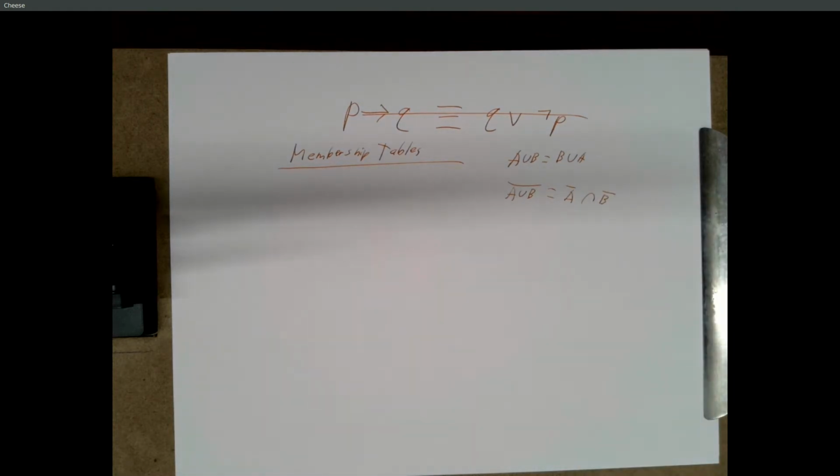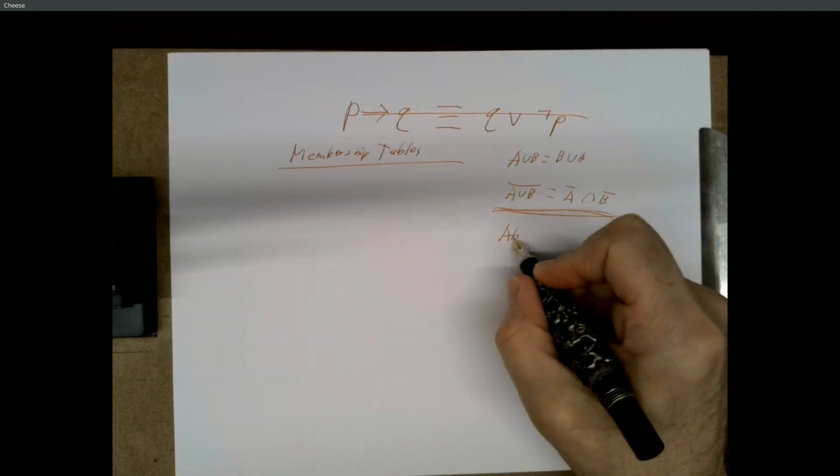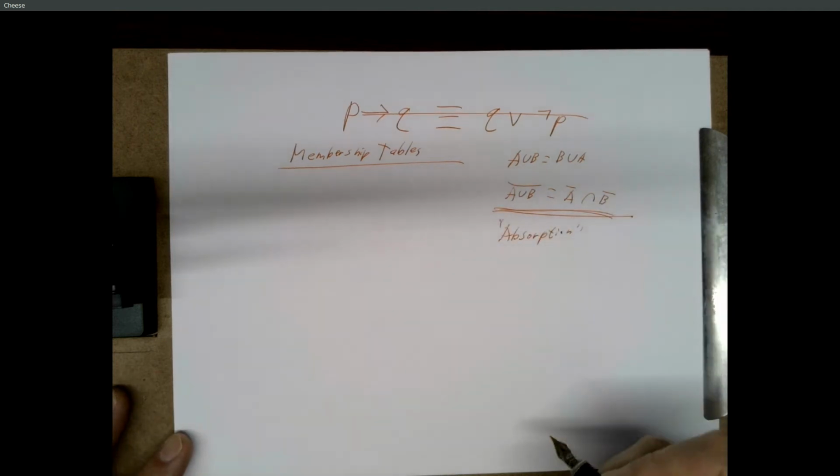We can actually prove some of these things using a membership table. So let's prove a property called absorption. This is a useful theorem sometimes.